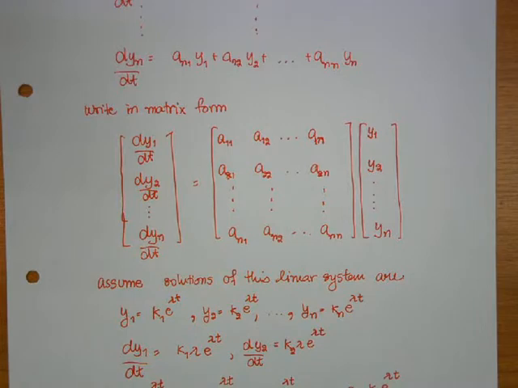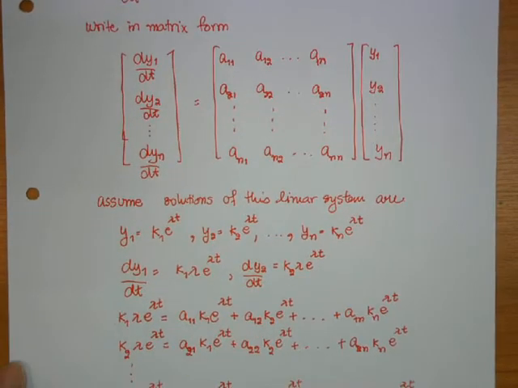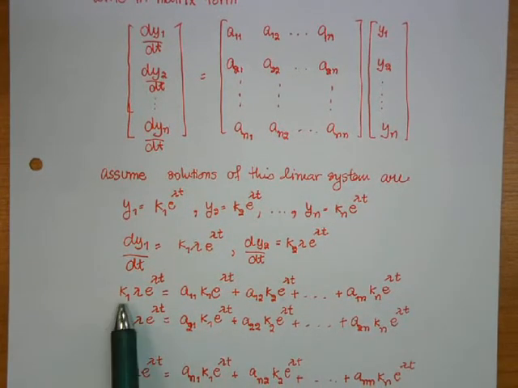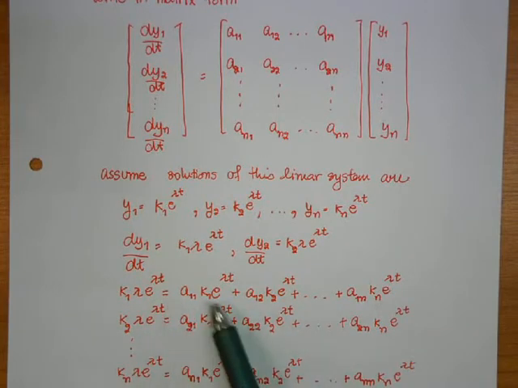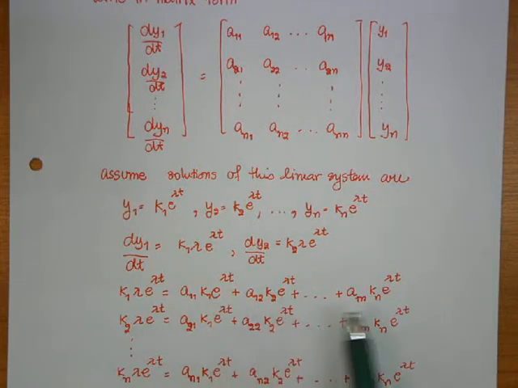So what do we do next? We just plug the terms of the first derivative of y into our equation. So we will get k1 times lambda times exponential of lambda t equal to, and you just repeat the terms on the right hand side of your differential equation, and you plug the values of your y1, y2, until yn in there.